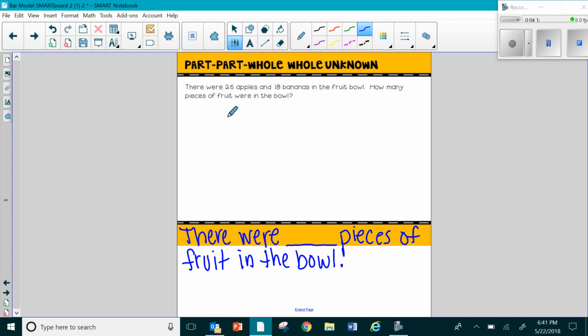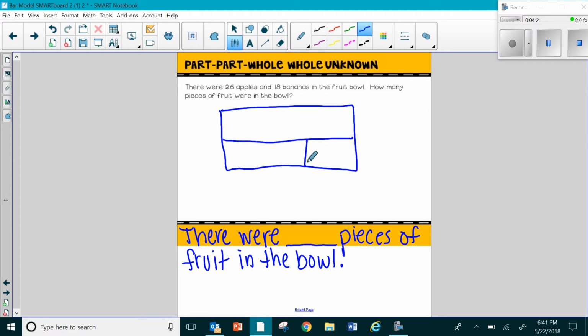Now we're going to go ahead and draw our model. And it says there were 26 apples. So we want to represent it. 26 is larger than 18, so I want to make this box a little larger.